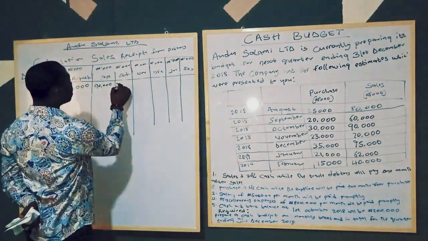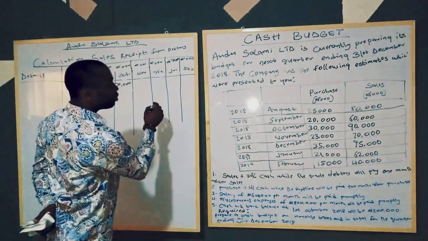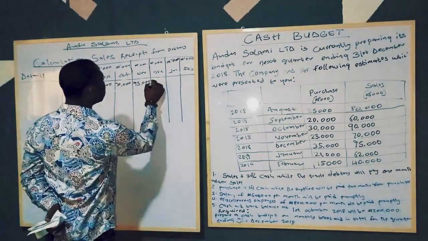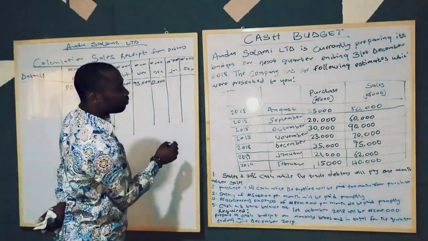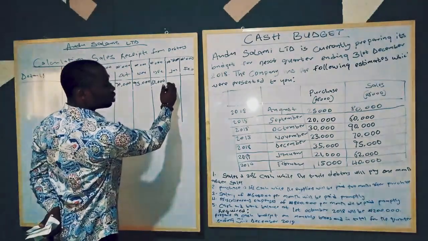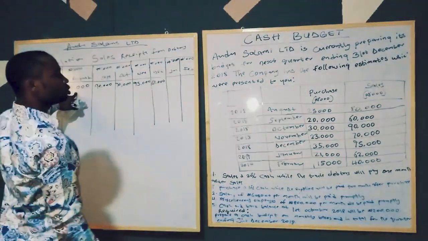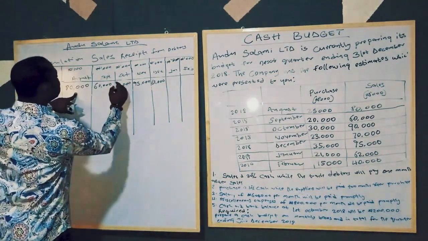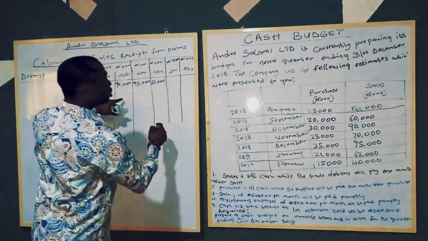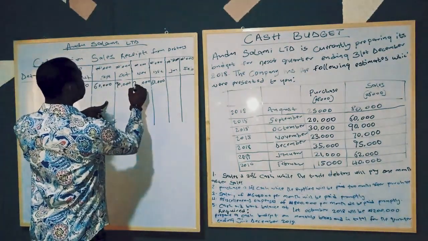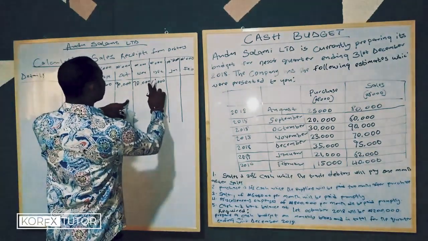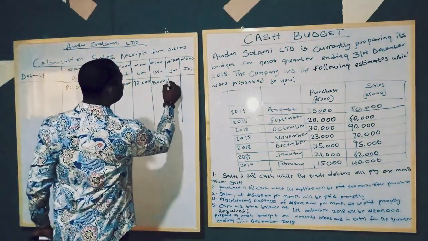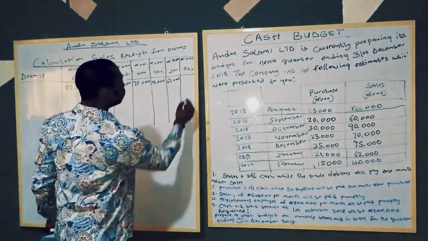The following we have 70,000, then 95,000, then 62,000, then 40,000.